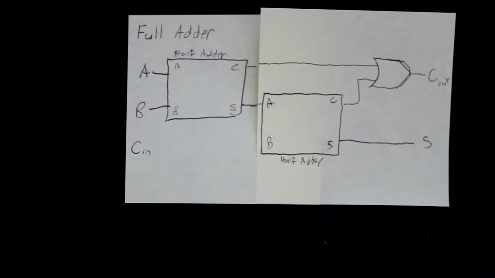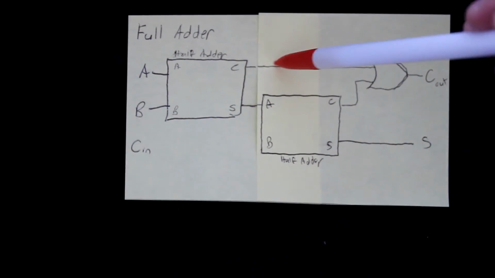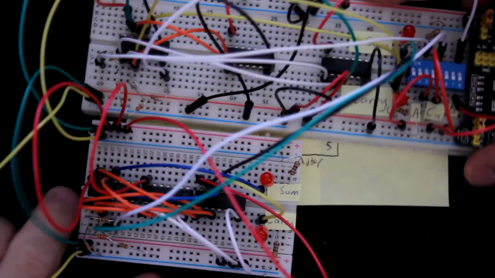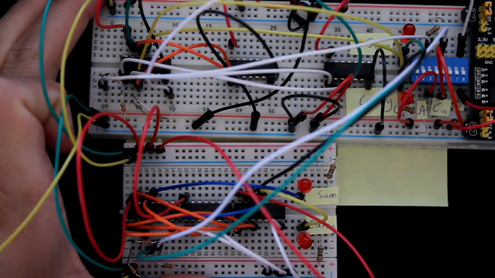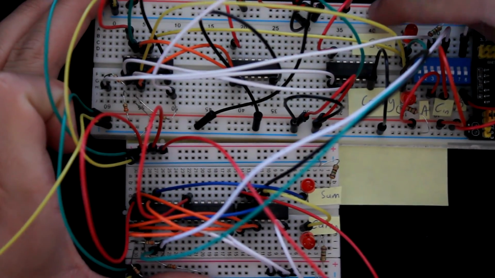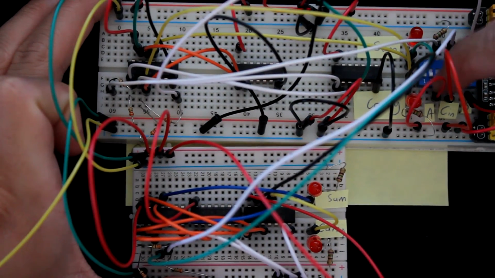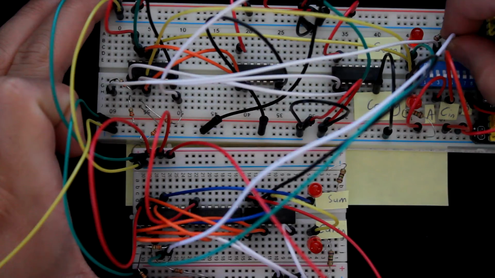This is a demonstration of the full adder discussed previously in this video, which I have placed right here for reference. This circuit is basically 2 half adders and an OR gate. The top one is the half adder I used earlier with some modifications.